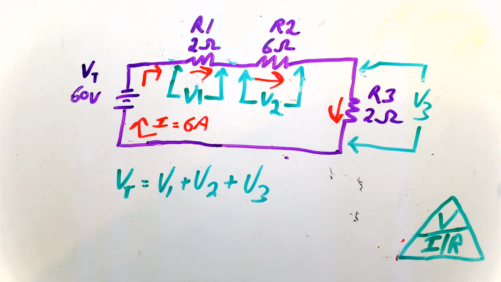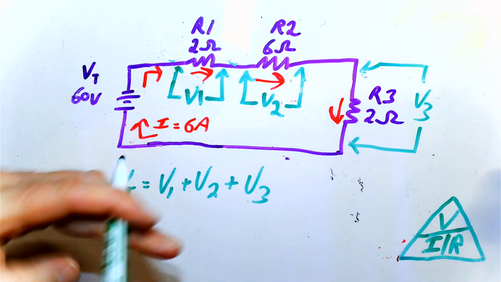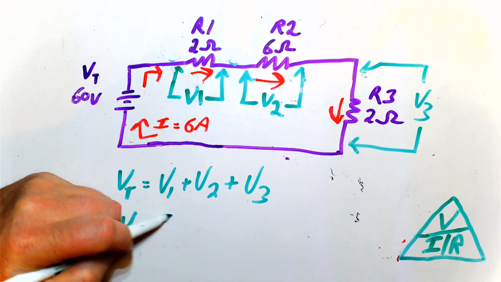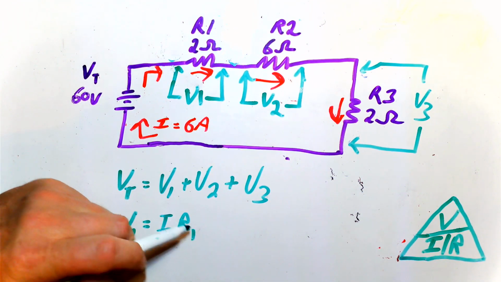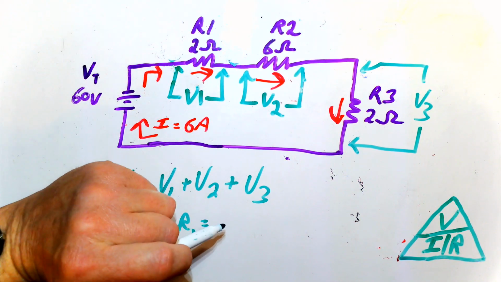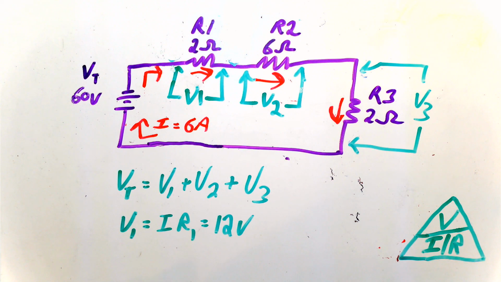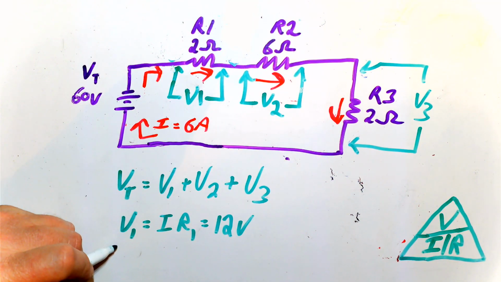How much is V1? Well, V is current times resistance. So V1 is going to equal the current times R1, which is the 6 amps times the 2 ohms, 12 volts. All right. How about V2?